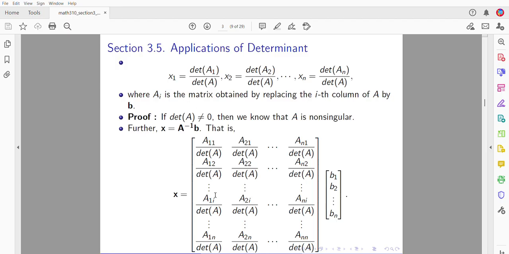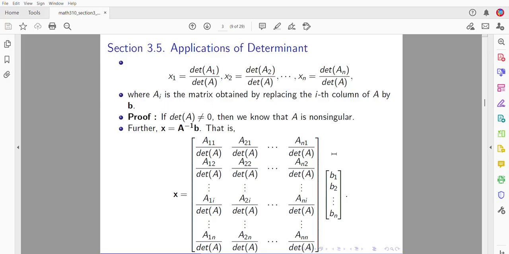A1i, B1. A2i, B2. All the way Ani, Bn. Every one of them is being divided by determinant. So that is the ith entry of the product.